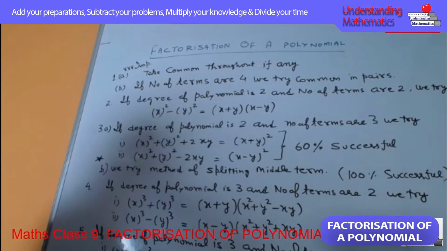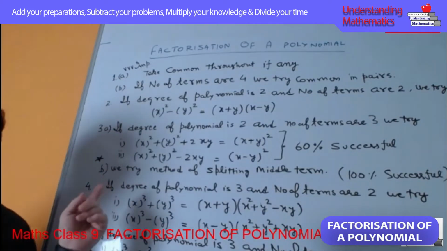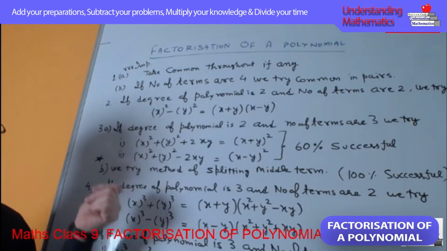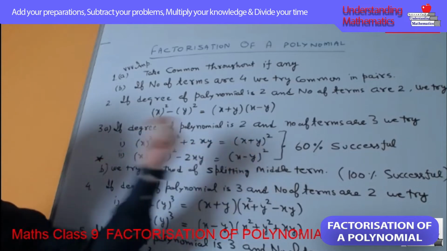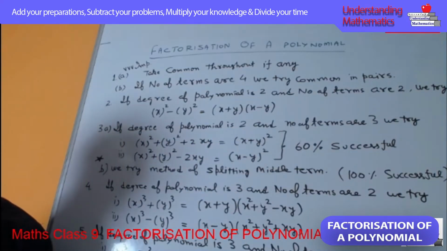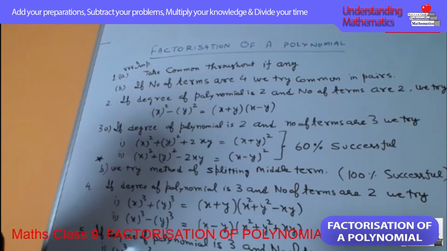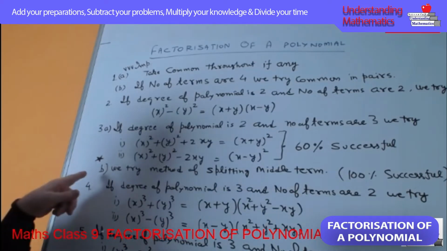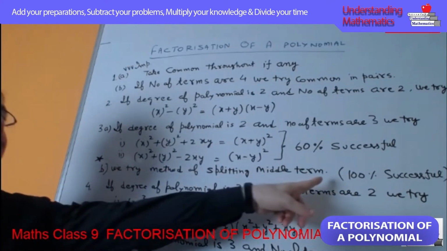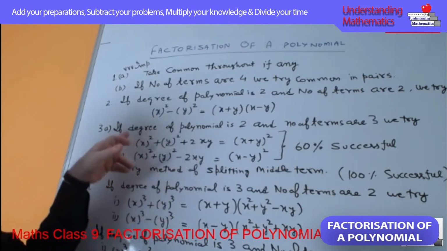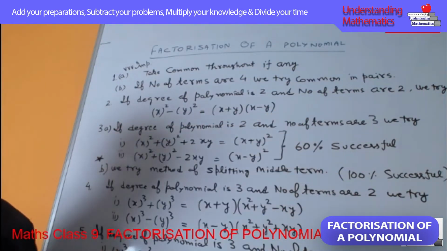Every question can be solved with the help of the splitting middle term method, whereas with the identities, only 60% of questions can be solved. So I will advise personally not to use these 2 identities unless you are told forcibly to use an identity to factorize the polynomial. Then you should use only the splitting middle term method, as it will solve all 100% of questions of degree 2 and number of terms 3 polynomial.